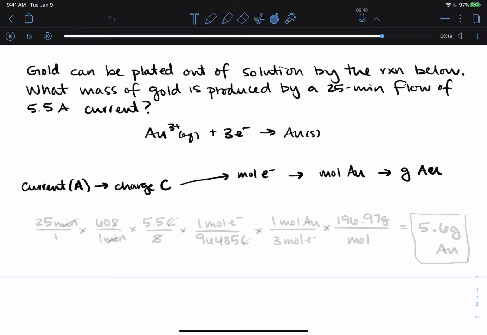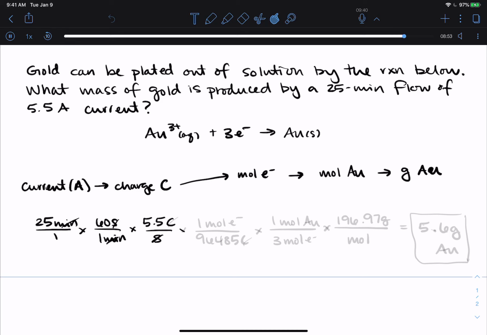So this looks fantastic. So my 25 minutes, I need to get this into seconds, so 60 seconds in 1 minute. And if I then multiply that by the 5.5 coulombs per second, that'll tell me exactly how many coulombs of charge I've put across in that time period.